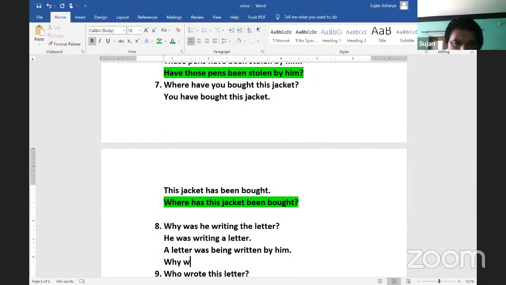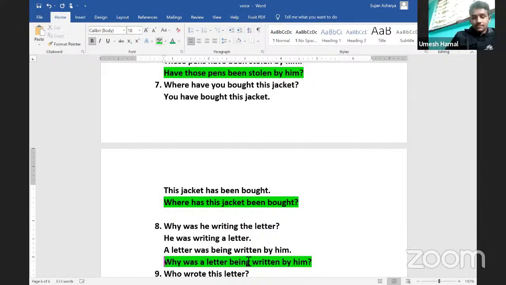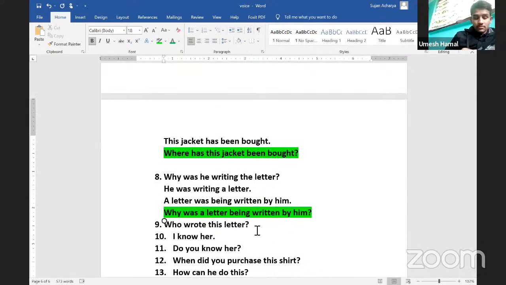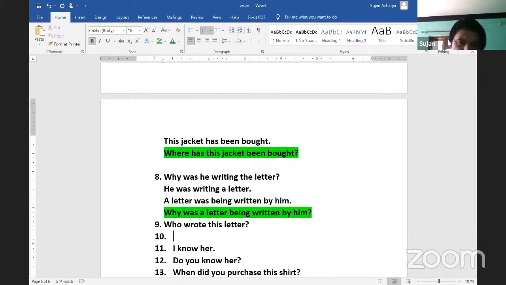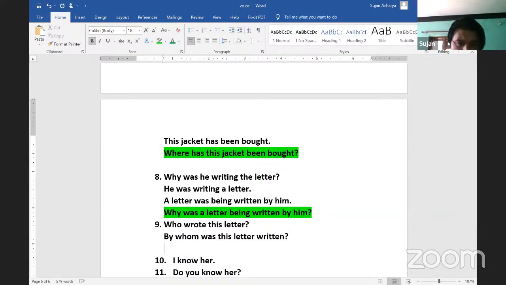Why was a letter being written by him? Who wrote this letter? By whom was this letter written? Or who was this letter written by? Both the answers are correct.